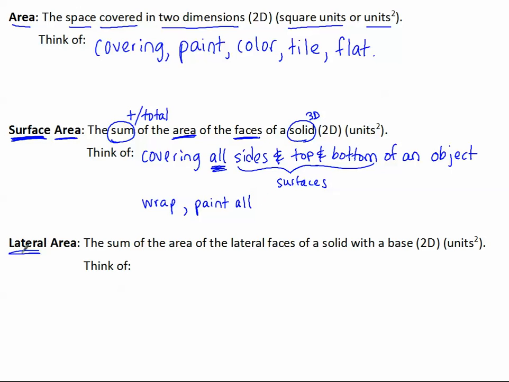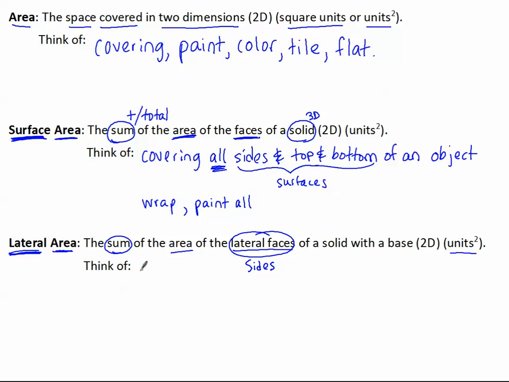Then we have the lateral area. Again, this is an area, but lateral means side. So we're just adding up, finding the sum of the area of the lateral faces. Lateral faces, think of the sides, the lateral faces of a solid that has a base. It's also a two-dimensional measurement, and it's also in square units because of its area.